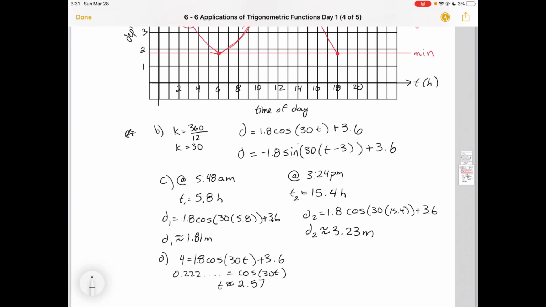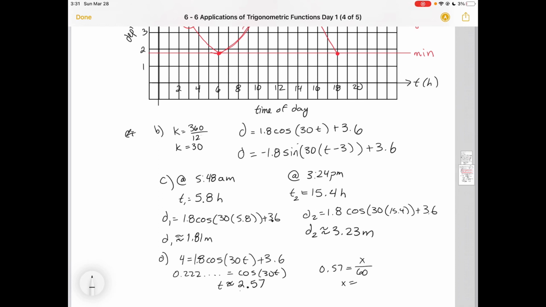So what this is going to tell me is that I've got 2 hours, so about 2 a.m. And then I need to change that 0.57. So I know that 0.57 equals some fraction of minutes out of 60.